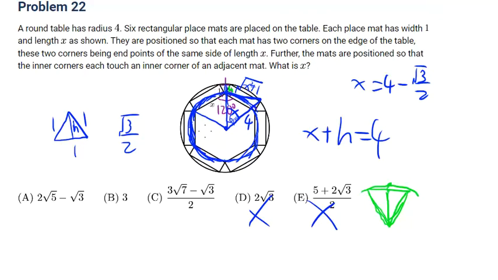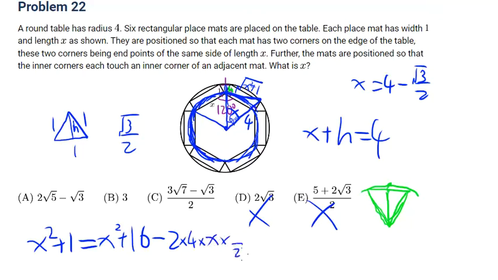So according to the cosine law, x squared plus 1 is equal to this squared plus this squared minus 2 times 4 times x times cosine 60 degrees.